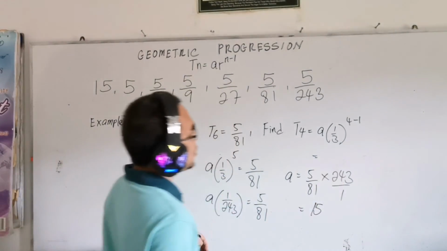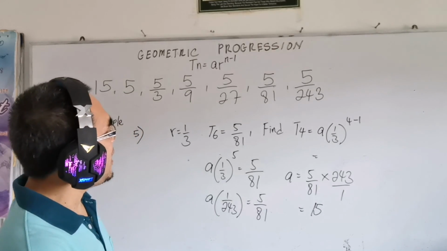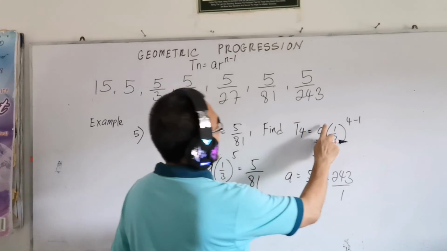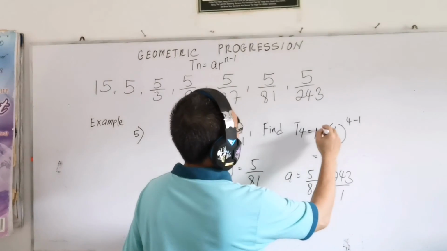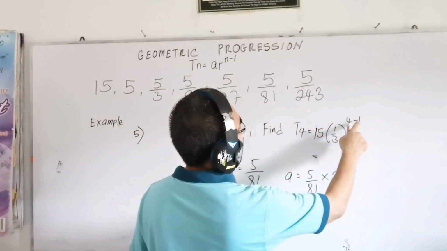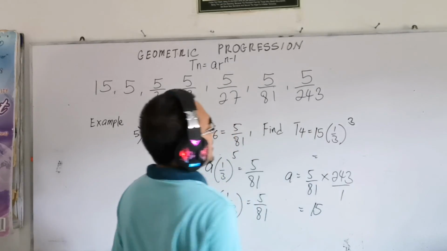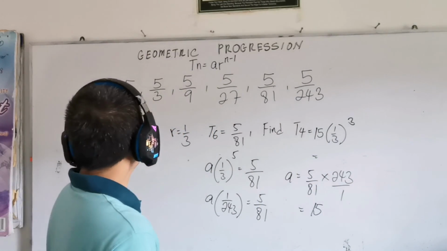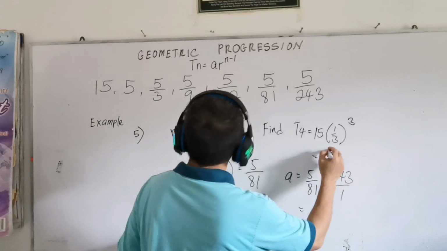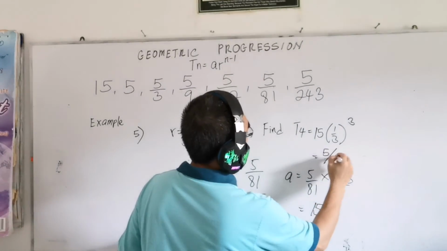Okay. So once you get the value of A, you can replace A as 15, and then you replace 4 minus 1 as 3. Just press the calculator, then you should get T4 as 5 over 9.